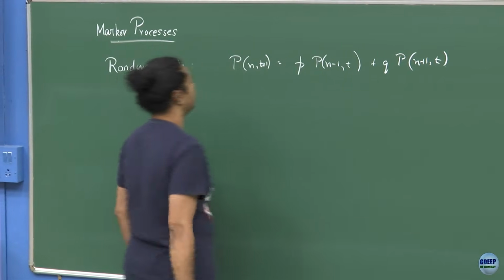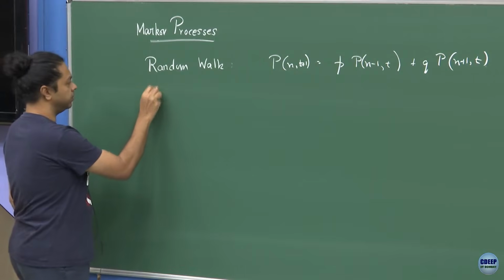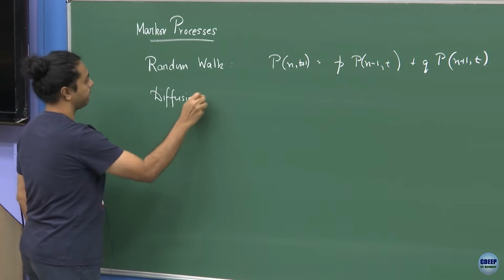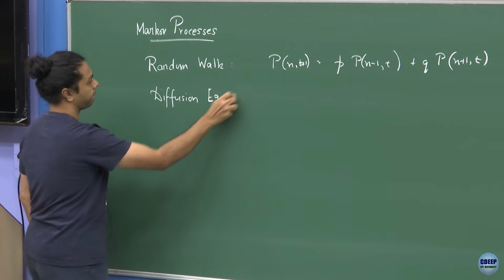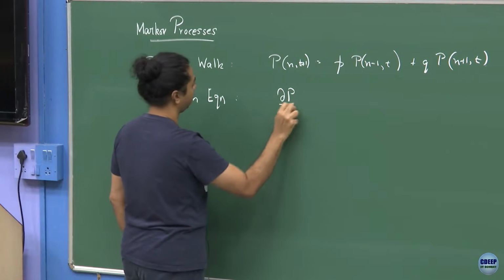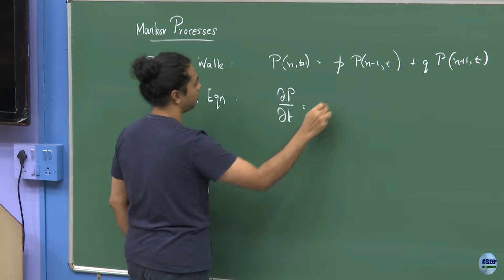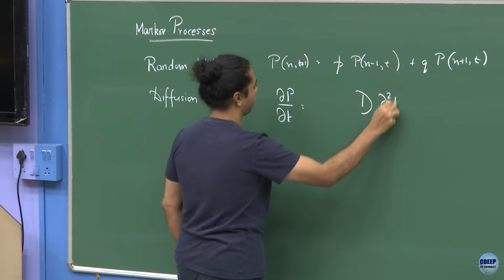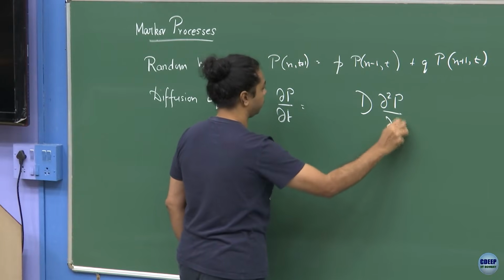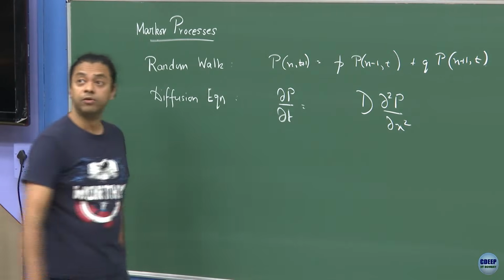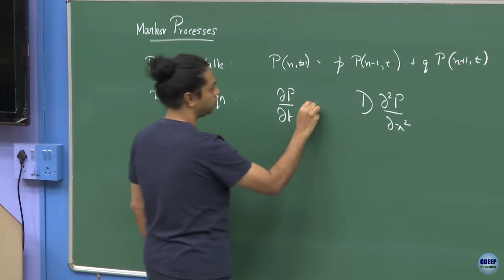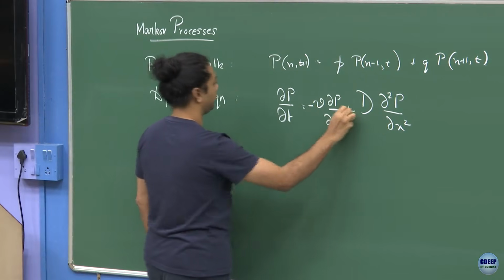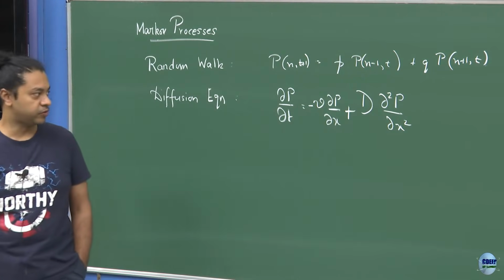And then we did the continuum limit of that, which was the diffusion equation, del p by del t is equal to D del squared p by del x squared. And if there was a bias in the p and the q, then I hope you get this advection diffusion equation.